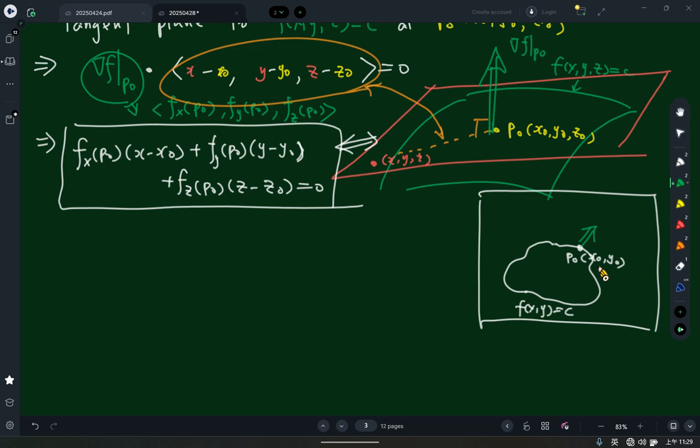The gradient vector may be in this direction or this direction, possibly this direction or this direction, depending on the curve. And this is the tangent. For a curve, this is the tangent line. So versus the tangent plane, please make a comparison. This is for a surface.